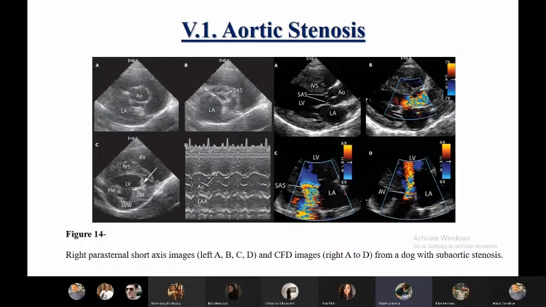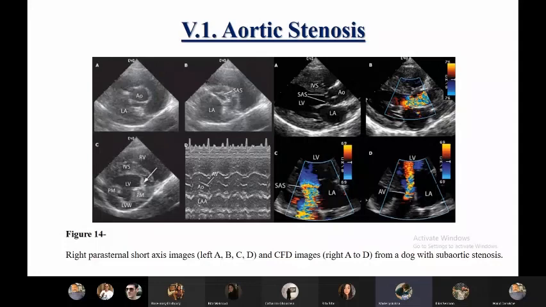In B, the obstruction, which is labeled as SAS, is obvious, and it is typically right under the valves, and it shows at this short axis view that at the cross-sectional area this thickness of SAS is quite significant, considering that it takes up a large part of the diameter of the aorta.